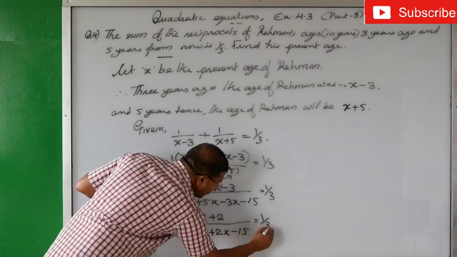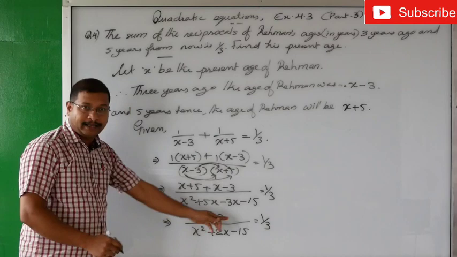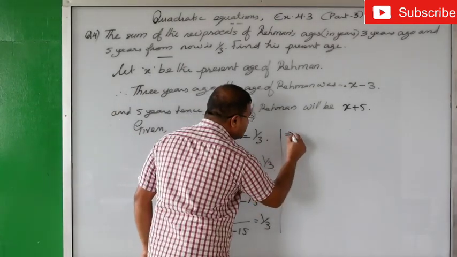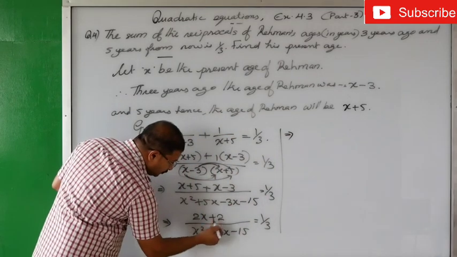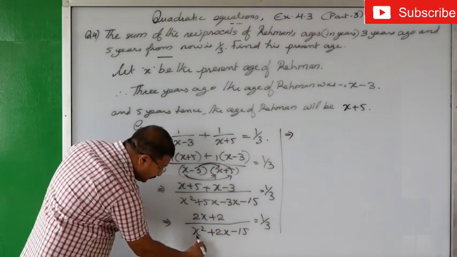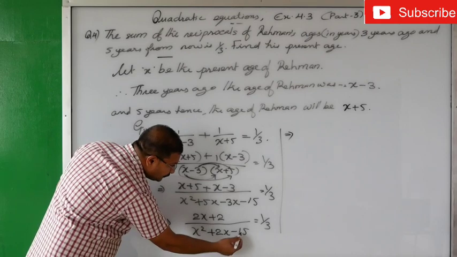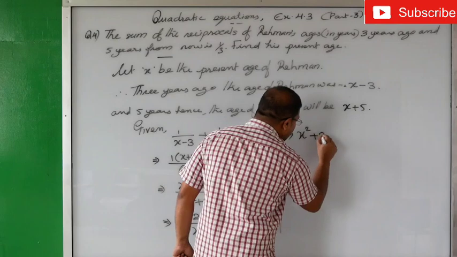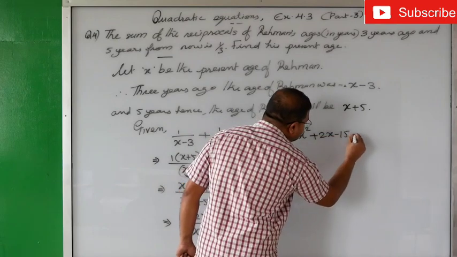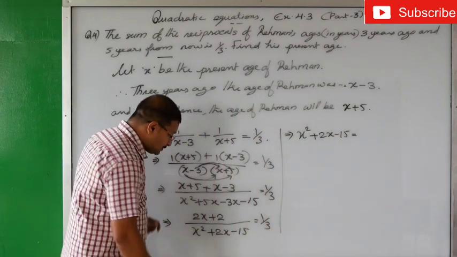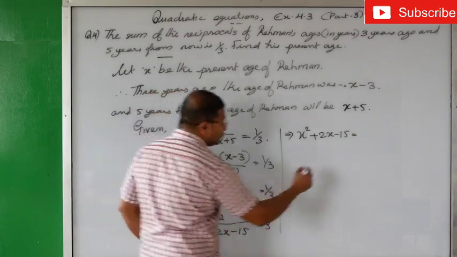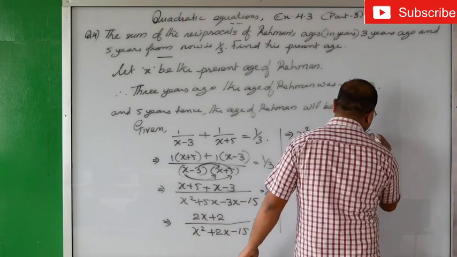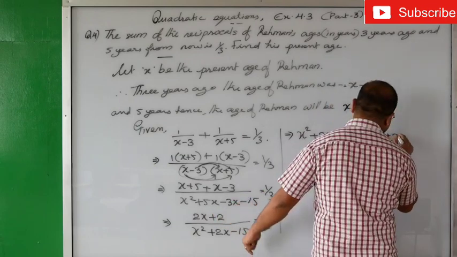Equals 1 by 3. Now, what will you do? We will cross multiply. Ready? This implies, now this will go here, this will go here. That means x square plus 2x minus 15 into 1, just the same, equals this 2, means 3 into bracket 2x plus 2.